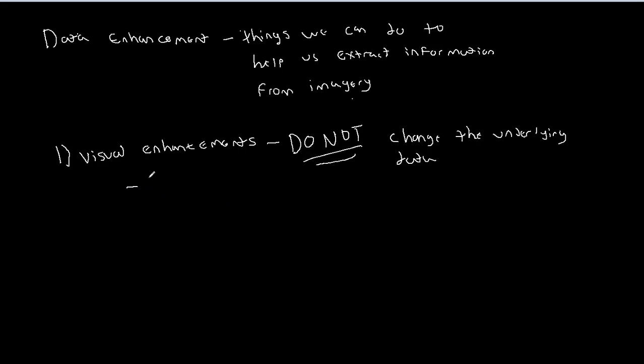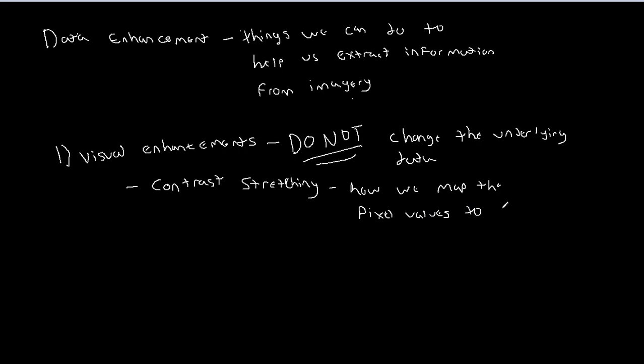So visual enhancements include things like contrast stretching, and again, if these terms don't make sense now, we're going to go through all of this in a lot more detail. This is just an overview of what we're planning to talk about. So contrast stretching, right, controls how we map the pixel values to display values.